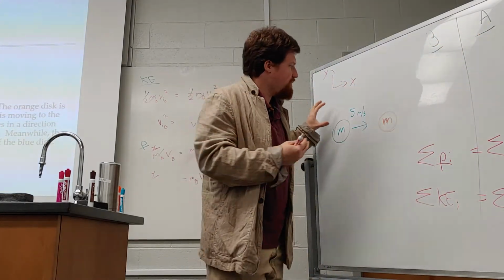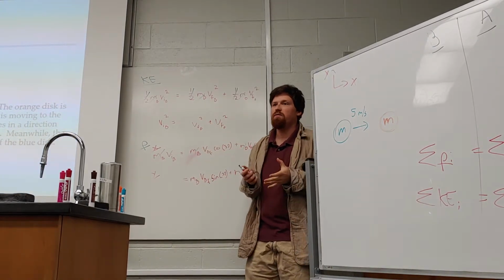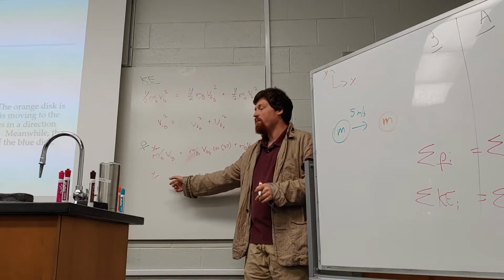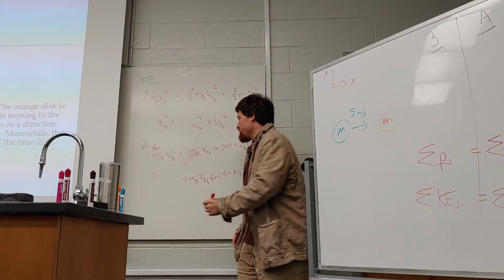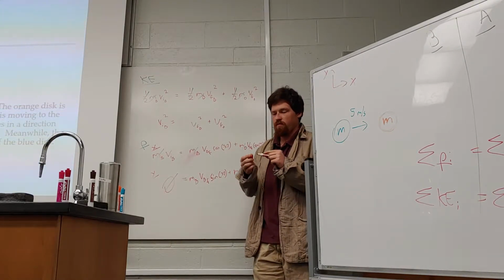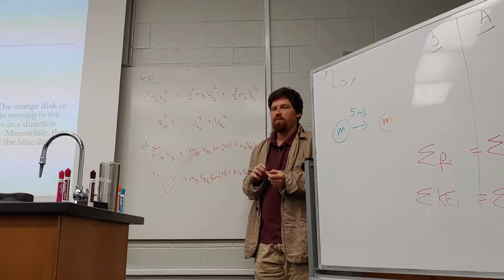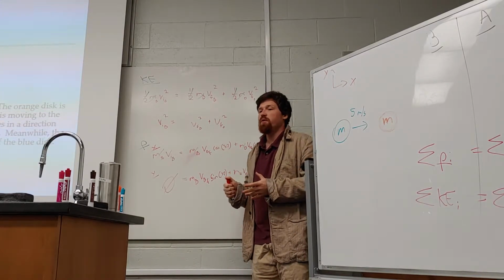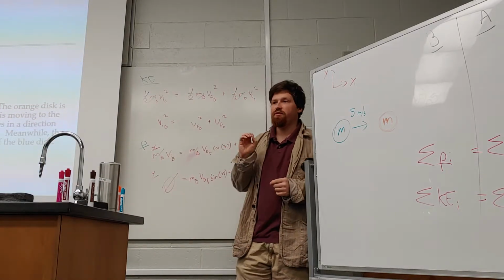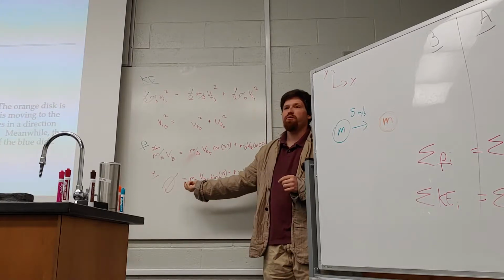But what is the y momentum in the initial stage? 0. There is no y momentum initially. So the initial y momentum that these need to add up to is 0. Afterwards, they do have y momentum, but because there initially was 0, these two need to add up back to 0.